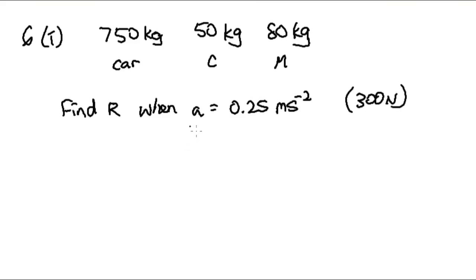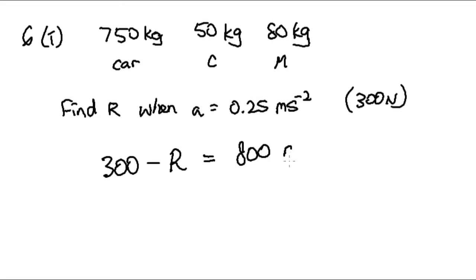So Martin is exerting 300 newtons, and therefore F is 300. Subtract the resistance, because it's the resultant force, equals F, and that will equal to MA, where M is the car plus Carol, which gives you 800 kilograms.